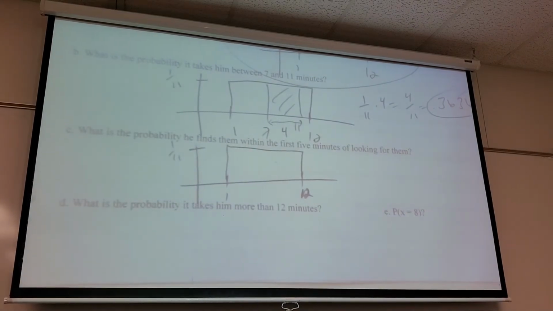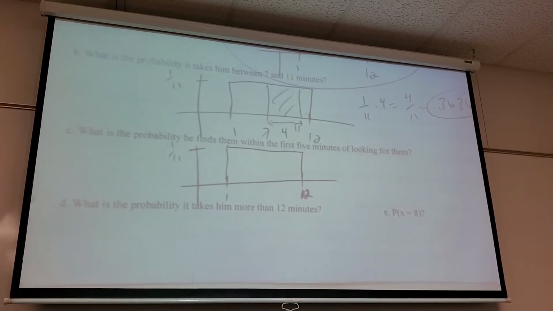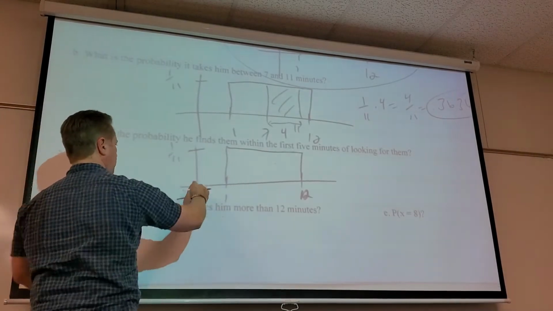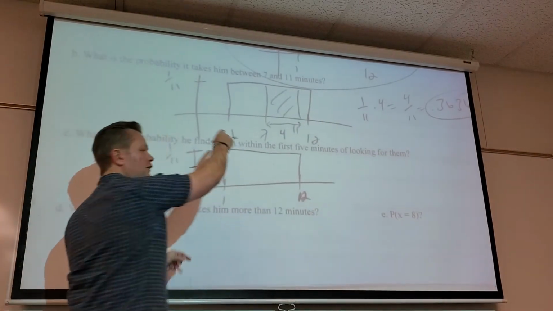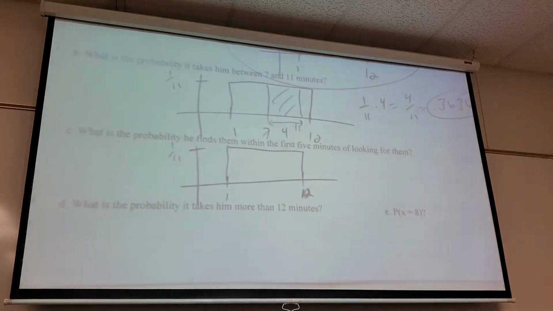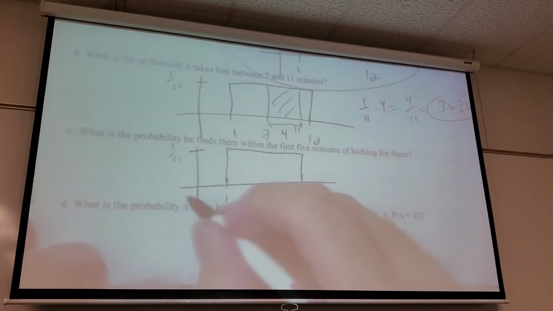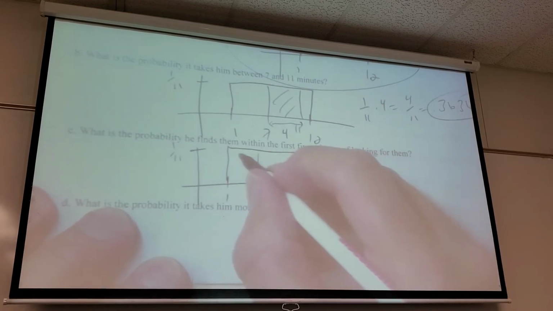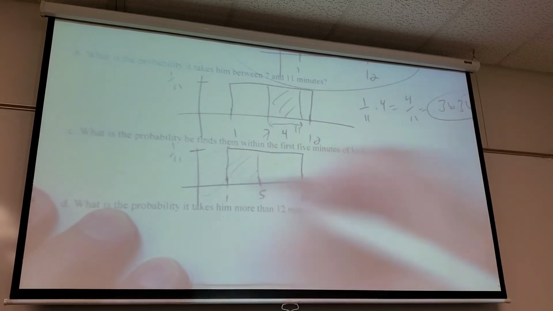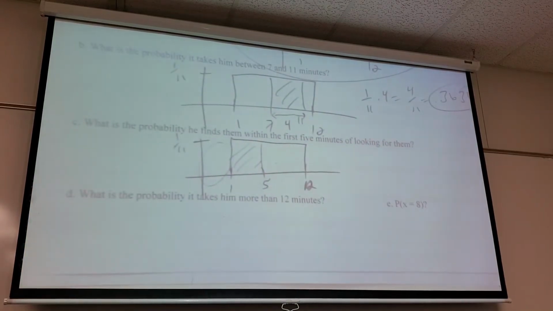So one little thing you have to be careful about, first 5 minutes: which part of that doesn't mean anything for this situation? 0 to 1. So first 5 minutes goes up to 5, and then I just find the area. I'm looking for the area of this, because out there the area is 0.